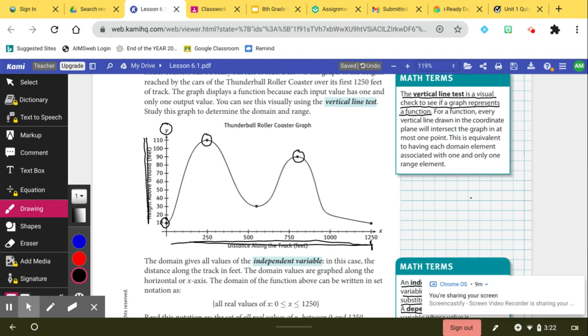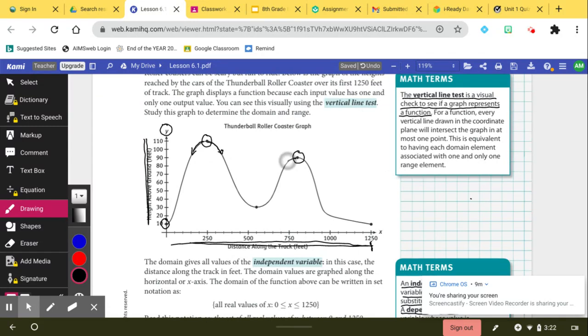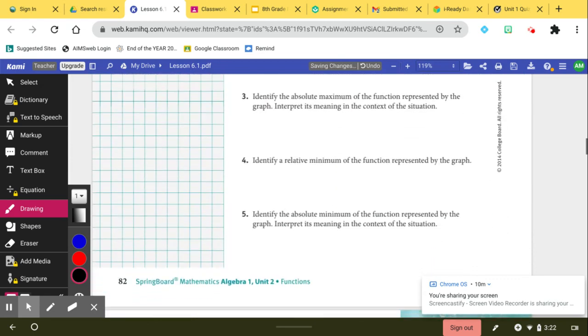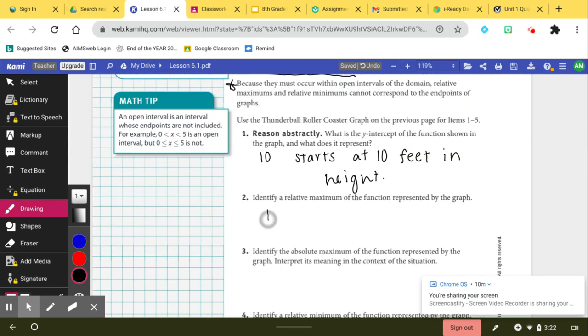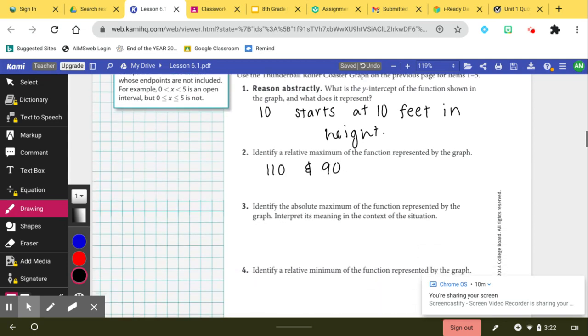And these are relative maximums because if I look at all the other points right next to it, these have the greatest output compared to the ones that are next to it. So I have 2 relative maximums. I have 110 and then I have 90. Based on the points around it, those 2 have the higher points.